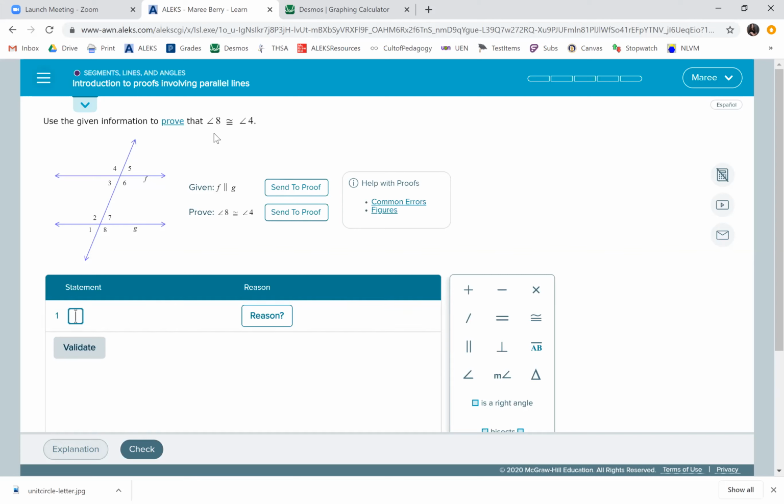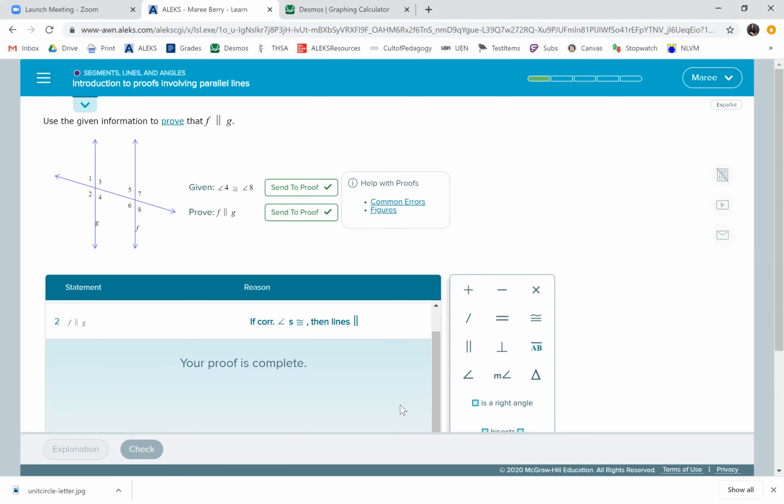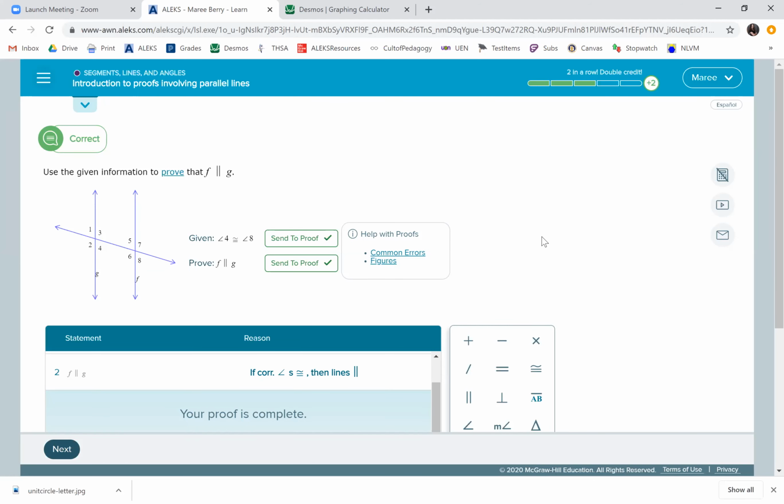So you do need to know which ones are corresponding and which ones are alternate interior, which ones are alternate exterior. If you want me to go over that, let me just go over it really quick. Corresponding just means if you look at the 4 angles separated as boxes, the one in the top left corresponds to the one in the top left in the other box.